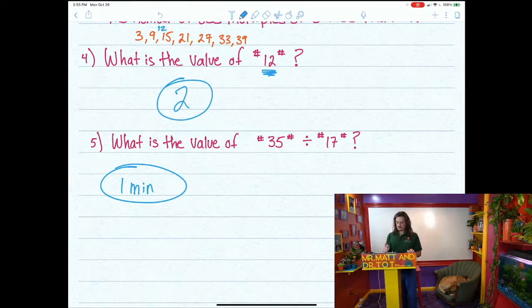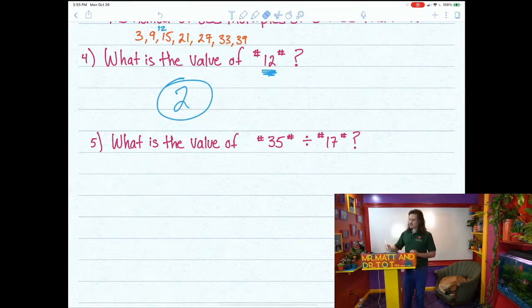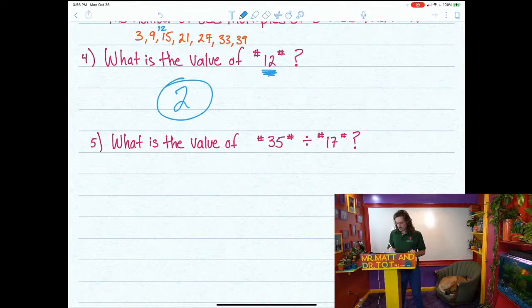Okay, so if we look at number 5, we have an expression here of hashtag 35 hashtag divided by hashtag 17 hashtag. So first of all, I'm just going to write this vertically first, because in math that helps us. It's usually how we do division, not horizontally any longer.